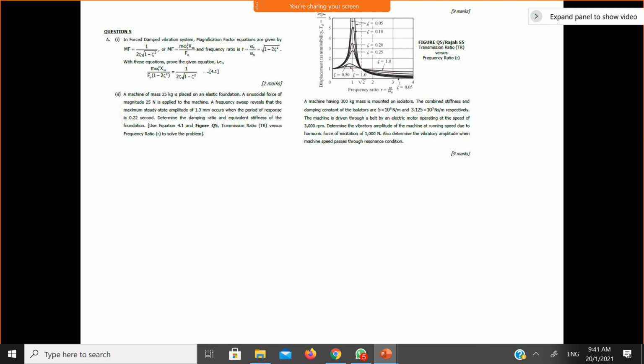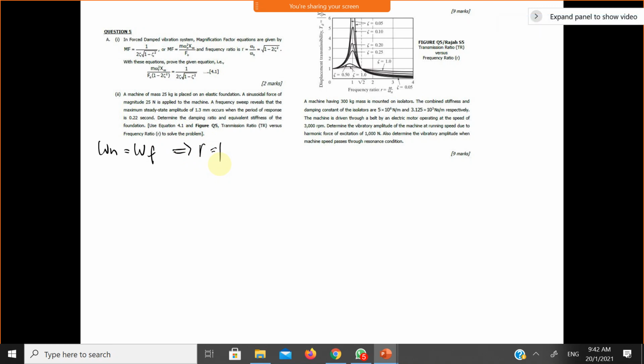So when they are equal, what does it mean? The frequency ratio R must be 1, since omega n equals omega f. Alright, R equals 1.